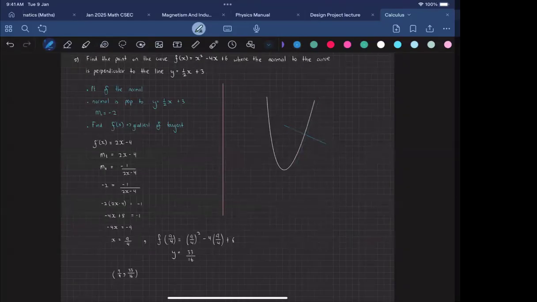And they give you some line on the outside. You can see that this line is perpendicular to this line, right?